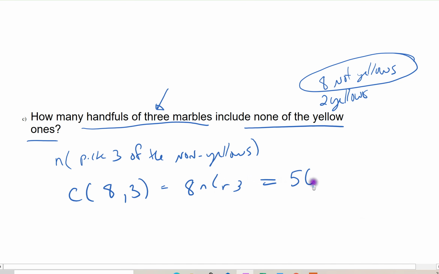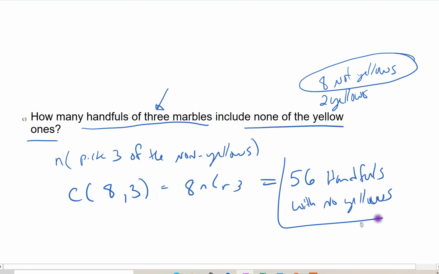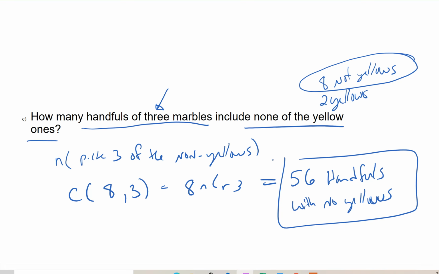Alright, if you do that, there should be 56 handfuls with no yellows. Out of 120 total, 56 of the handfuls contain 0 yellow marbles.